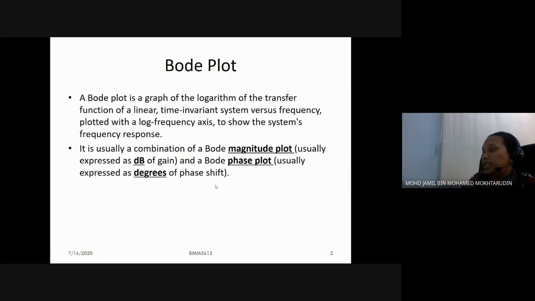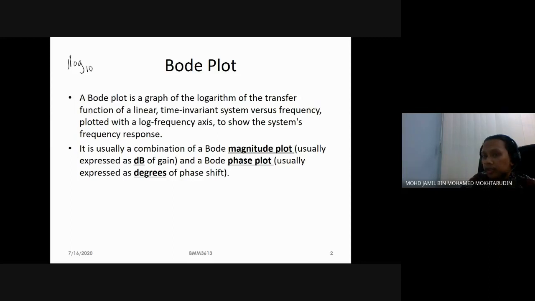Okay, so Bode plot basically is a graph that uses a logarithmic axis. Your usual or normal graph basically has the same distance between the lines. But for a Bode plot, or logarithmic graph, your x-axis is in terms of log 10. If you still remember form 4, you have log 10. So basically Bode plot uses log 10, or logarithm. And why use log 10?